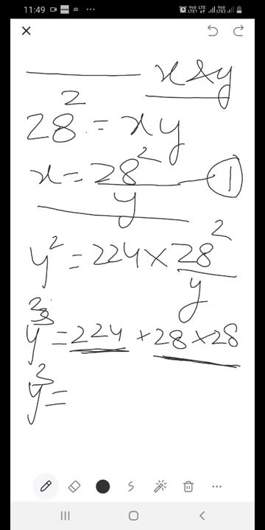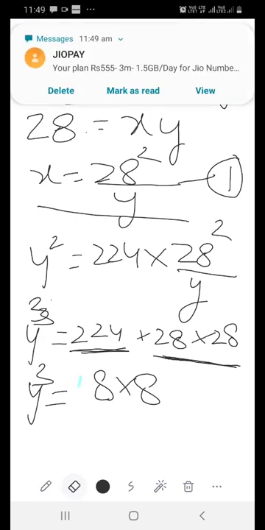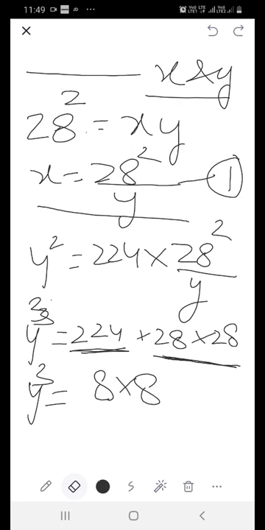So y cube is equal to, I'm going to break up this 224. When I'm dividing 224 by 28, I'm getting 8. So it will be broken as 8 into 28.